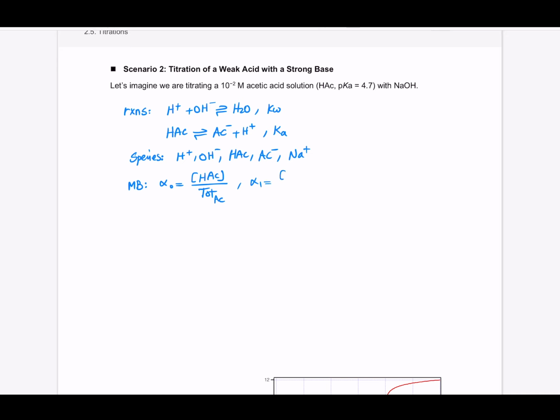Alpha 1 is also Ac minus over total Ac. And then this is equal to H plus over H plus plus Ka, and this would be equal to Ka over H plus plus Ka.